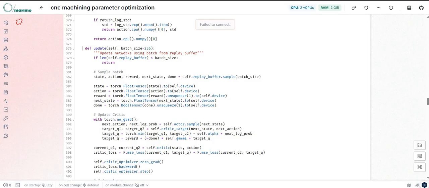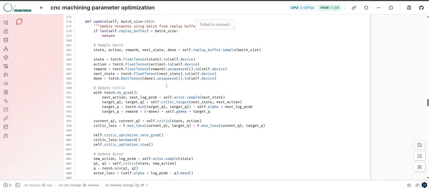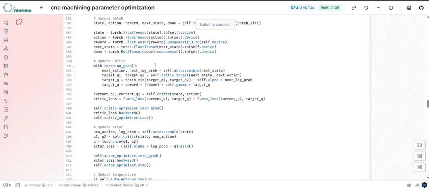We begin with the update function. This function draws a batch of samples from the replay buffer and updates both the critic and the actor networks. First, the states, actions, rewards, next states, and done flags are converted into PyTorch tensors and moved to the correct device, either CPU or GPU. Then for the critic update, we compute the target Q values.